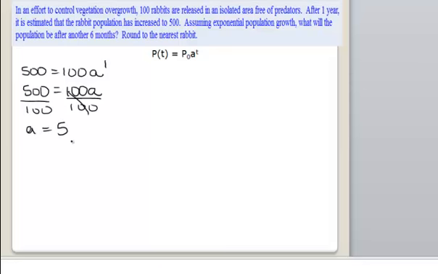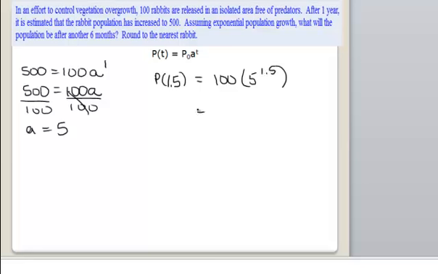Now we can use this in this formula to calculate how many will be there after another 6 months. So what will the time be in another 6 months? The time will actually be that 1 year plus those 6 months, so the time is going to be 1.5 years.